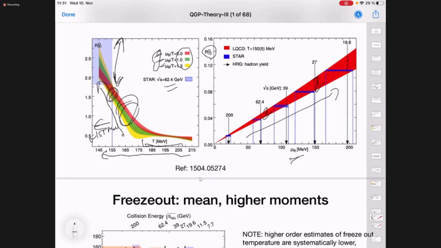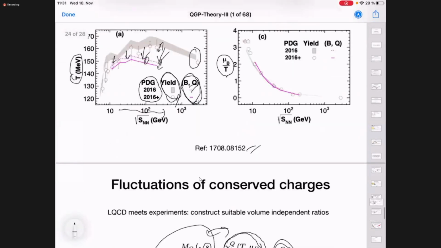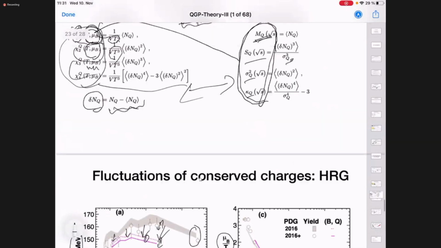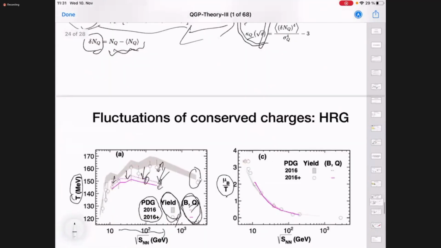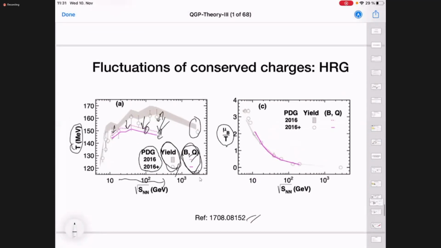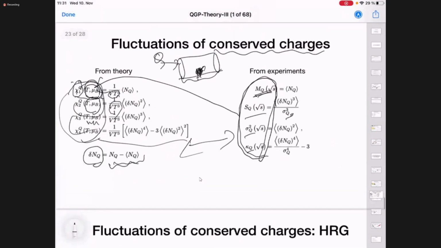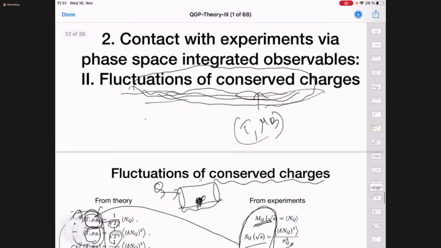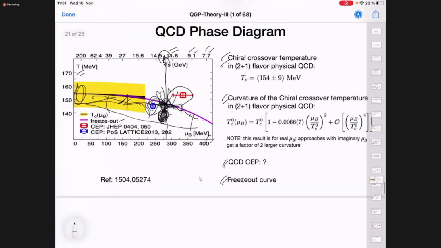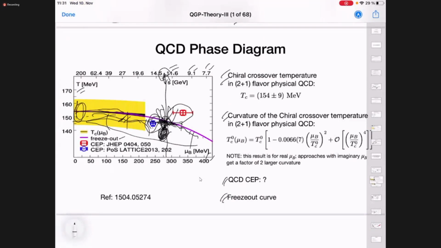And then this is done for a typical 150 MeV lattice temperature, because already from HRG we know that up to quite a large mu_B, this temperature is hardly changing.